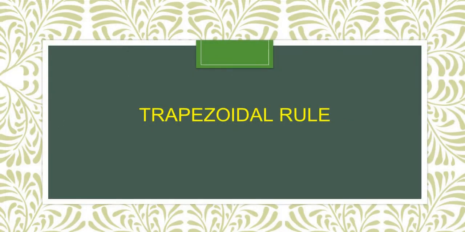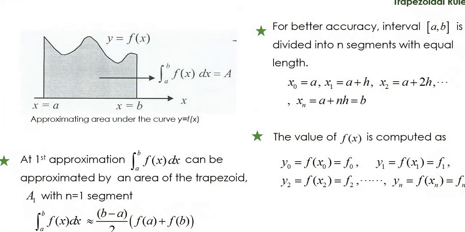So for the first one, on the trapezoidal rules, if you can refer here, what we are going to do is to approximate the area under the curve. We can see here, this is our graph, and we need to approximate the area under the curve y equal to f(x). So f(x) is actually this function.